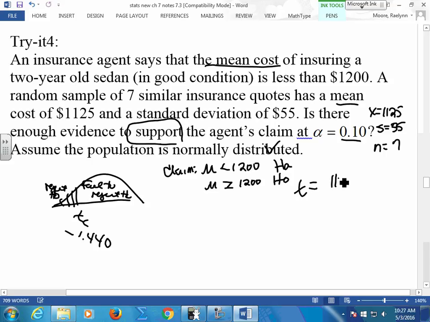So we test your sample mean minus your population mean over your standard deviation divided by the square root of n. And what's your t? Your test statistic. Negative 3.607.